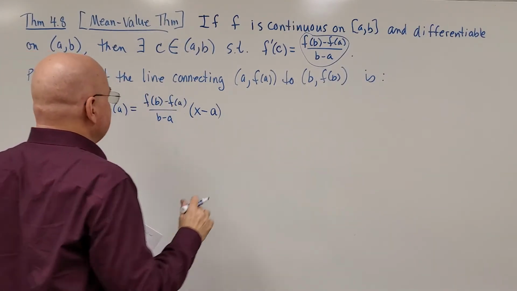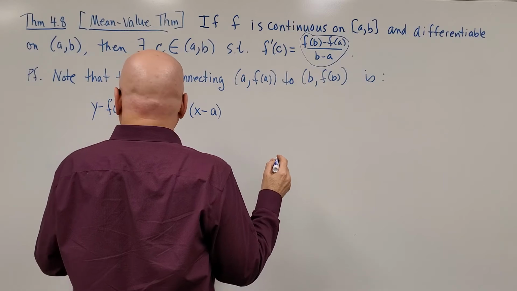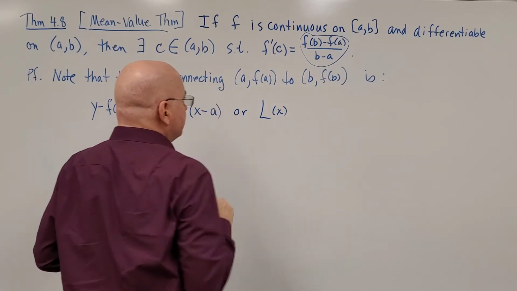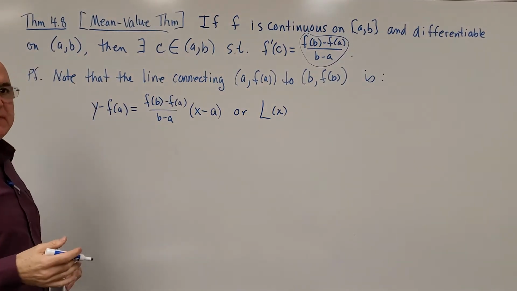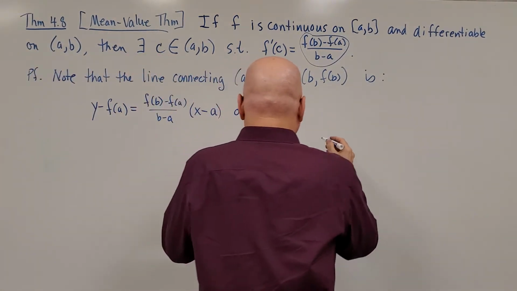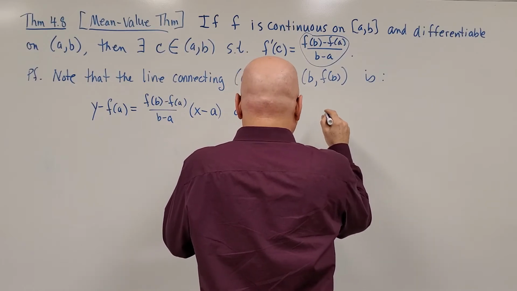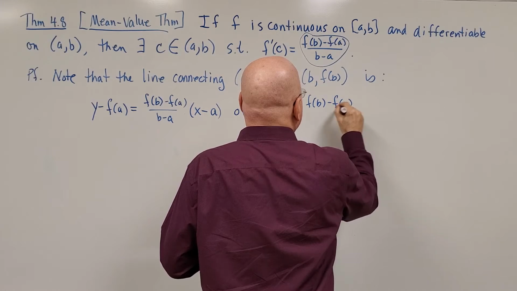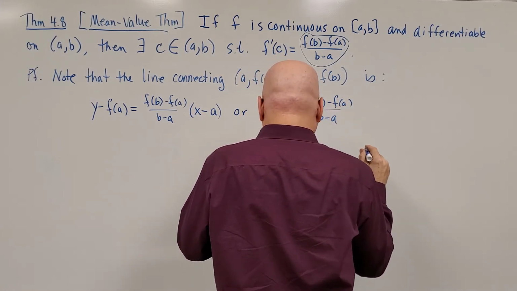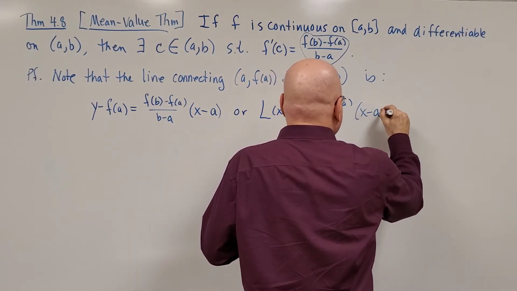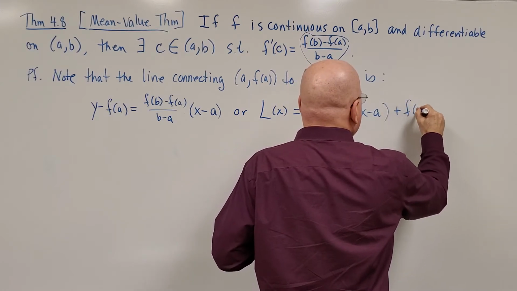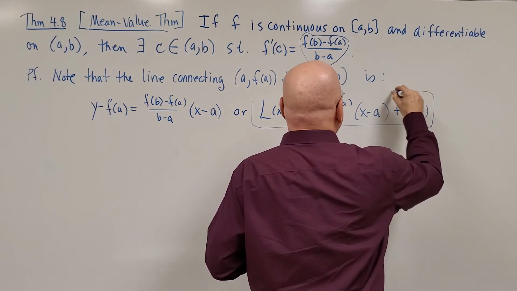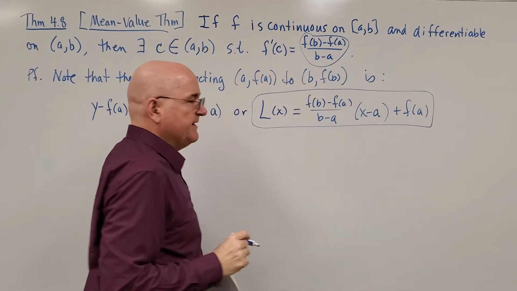I can rewrite that, instead of y, as L of x equal to the slope f of b minus f of a over b minus a, times x minus a, plus f of a. So all I did is a little bit of rearranging to get the equation of the line to look like that.